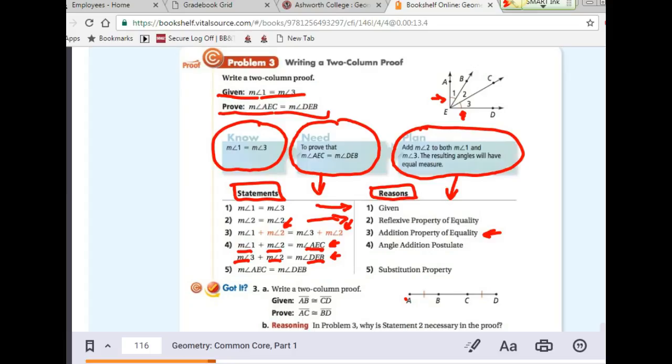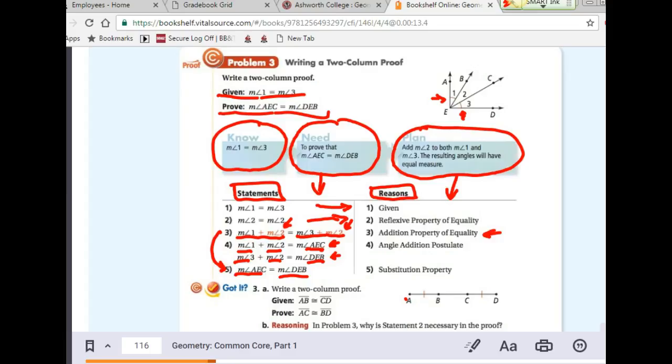Now, because the measure of angle 1 and angle 2 is equal to AEC, and the measure of angle 3 and angle 2 together is DEB, I can say, going from 3 to 5, that the measure of angle AEC, which represents 1 and 2 put together, is congruent to the measure of angle DEB, which is angle 2 and 3 put together.